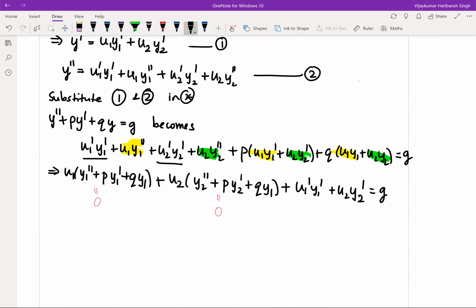We get u1 prime y1 prime plus u2 prime y2 prime equals g. So that is an equation. Let's give it a number, say equation 3.